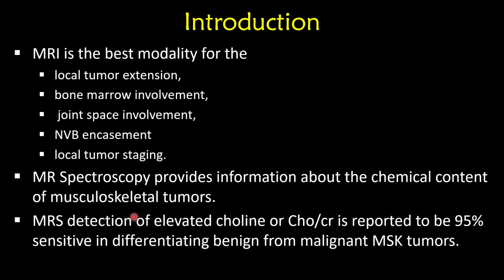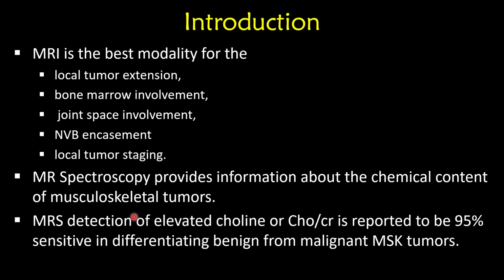Conventional MRI provides the local tumor extension. You can see the bone involvement, bone marrow involvement, extension into the joint space, destruction of the articular cartilage, any encasement of the neurovascular bundles, and we are able to do the local tumor staging.